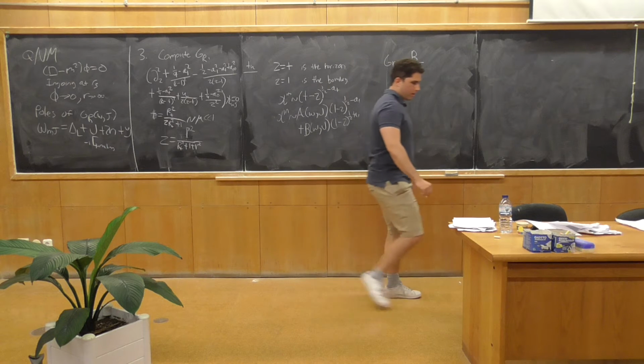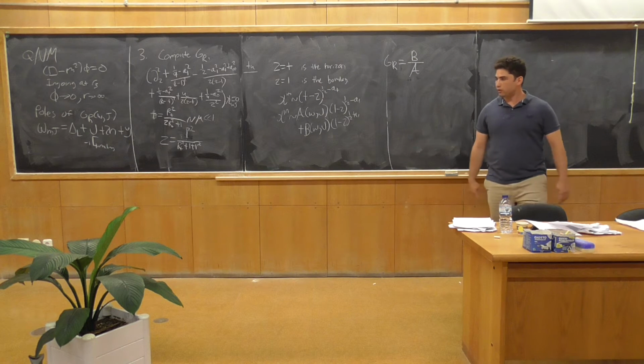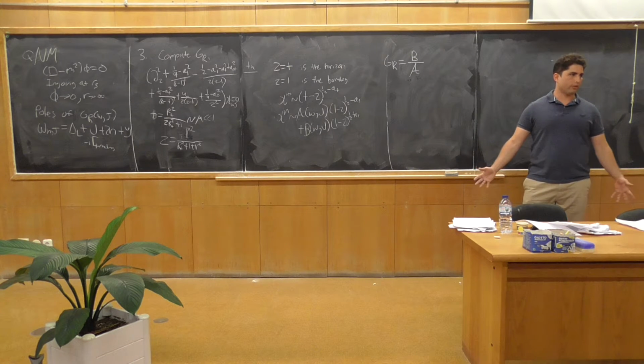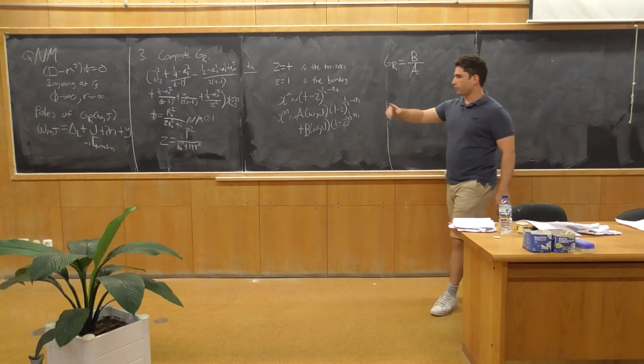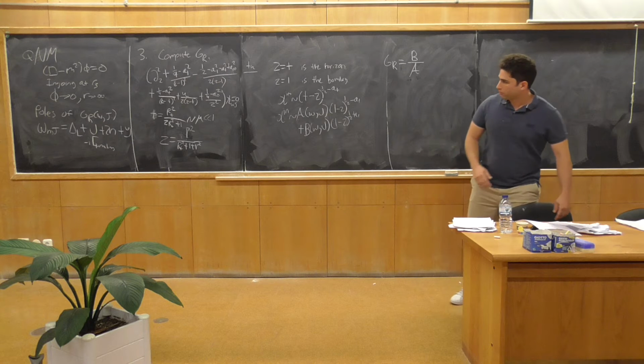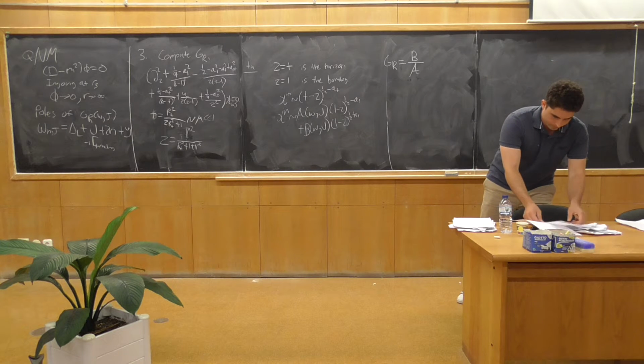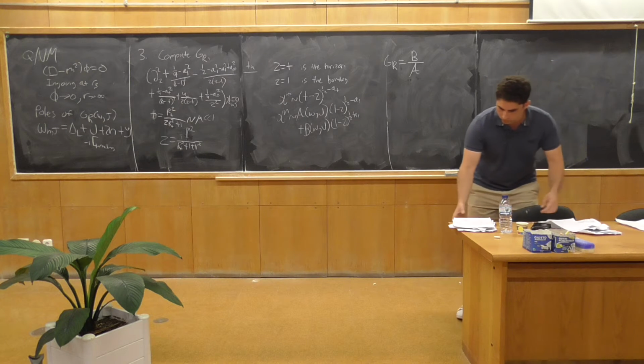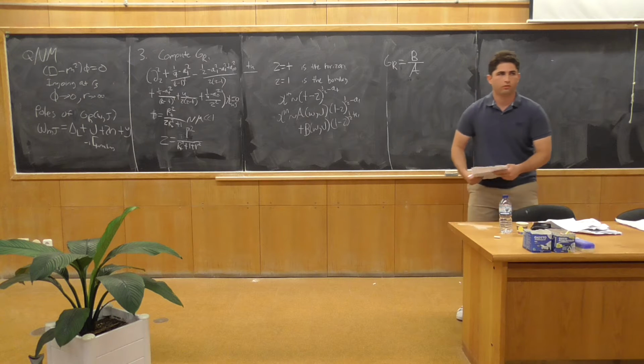So at r equals 0, Z equals 0. At r equals infinity, Z equals 1. And at r equals r plus, hopefully Z equals t. It does. Great. Any other questions?